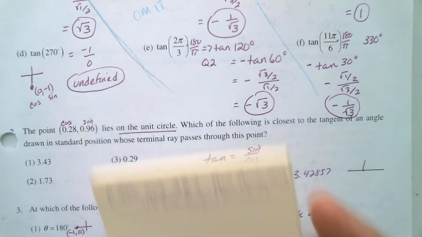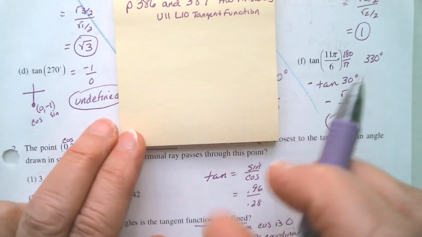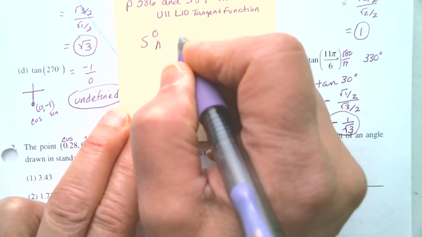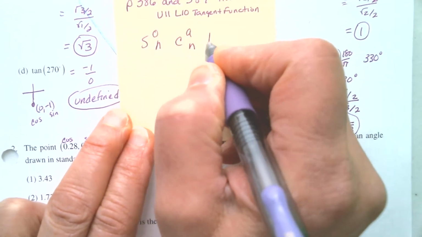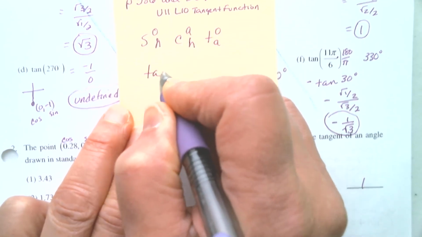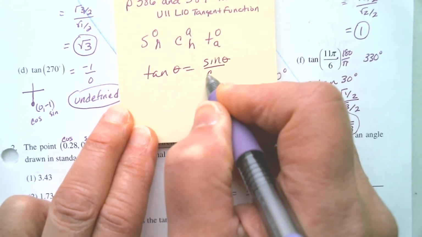Just keep in mind here when you're working on these problems that you've got to know that tangent, not only SOHCAHTOA, but tangent of theta is equal to sine over cosine.